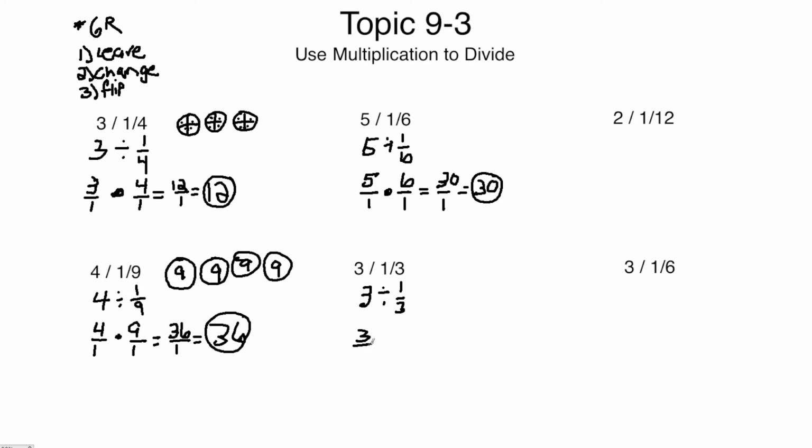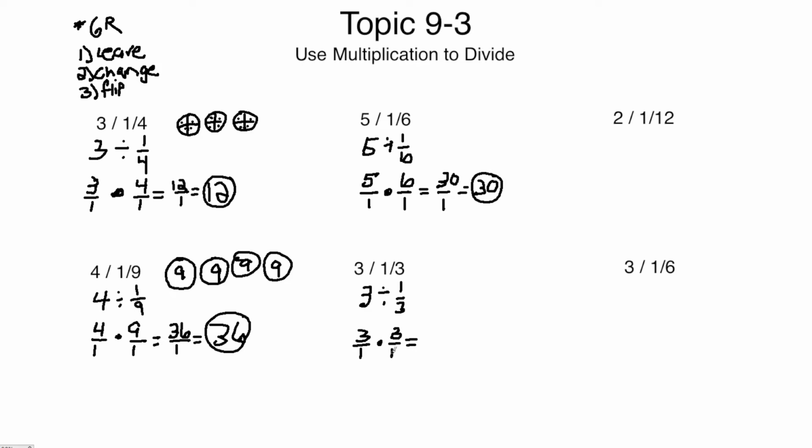Change all whole numbers or mixed numbers into improper fractions. Leave the first fraction alone. Change division to multiplication. And multiply the second number by its reciprocal, which means to flip.